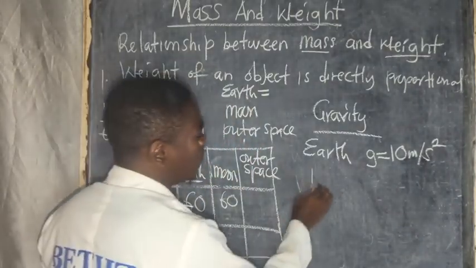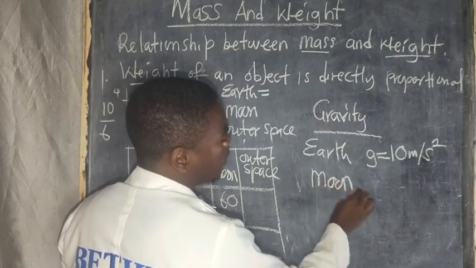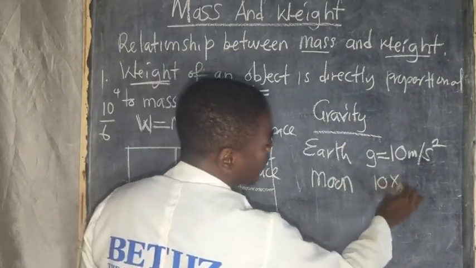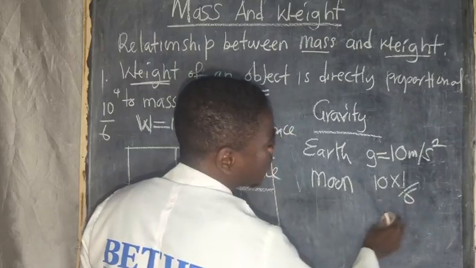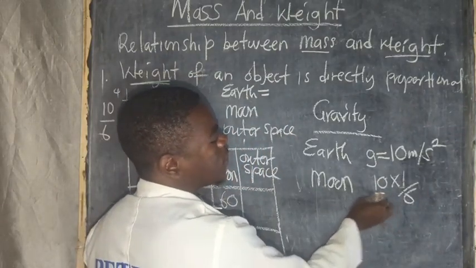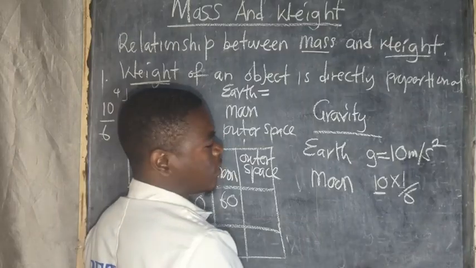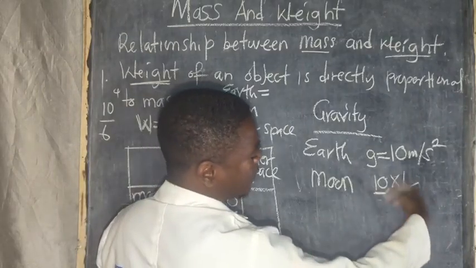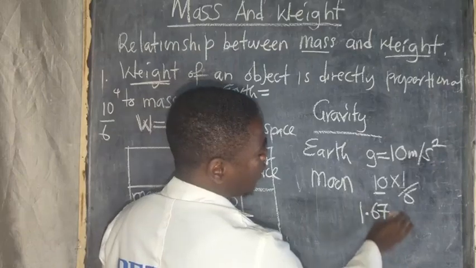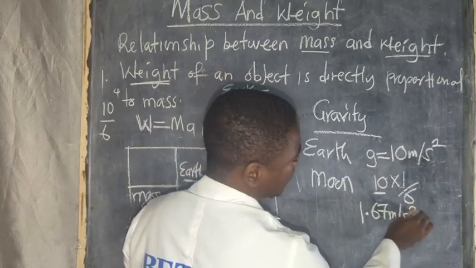When you go to the moon, gravity is said to be 10 times 1 over 6. So gravity is 1 over 6 that of gravity on the earth. When you multiply here, you are going to get 1.67 meters per second squared.